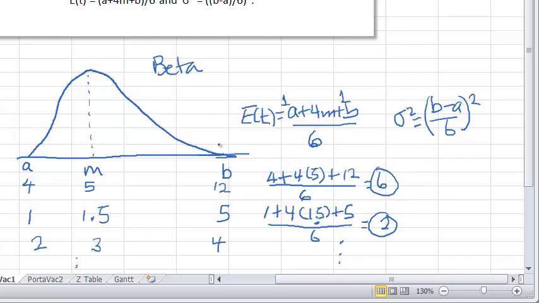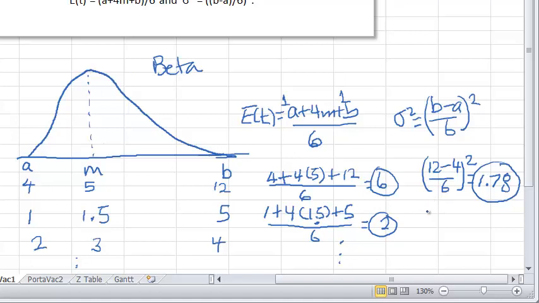Now for the variance, you plug in 12 minus 4 on the top, divide that by 6, and square that. So in the parentheses, you're going to have 8 over 6, or 1.333, and then squaring 1.333 gives us 1.78. Just so, one more.